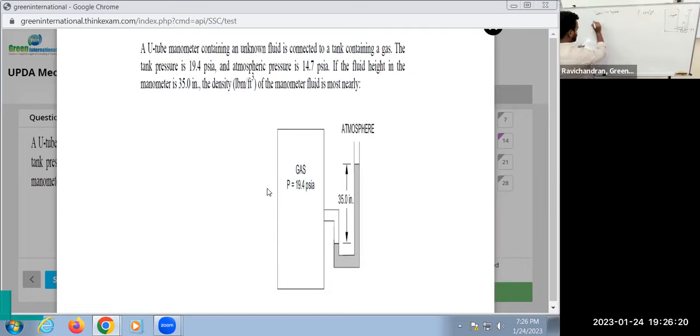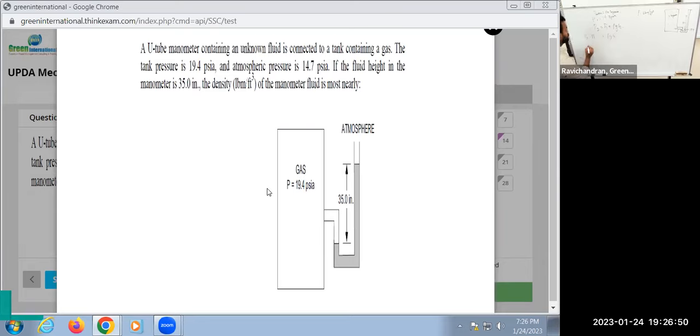We know P1 is equal to 14.7, already written. Okay. P2 is equal to P1 plus rho g h. So P1 I know, and P2 is 19.4. P2 minus P1 is equal to rho g h.